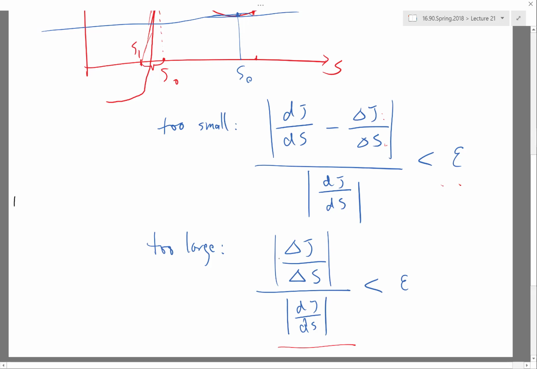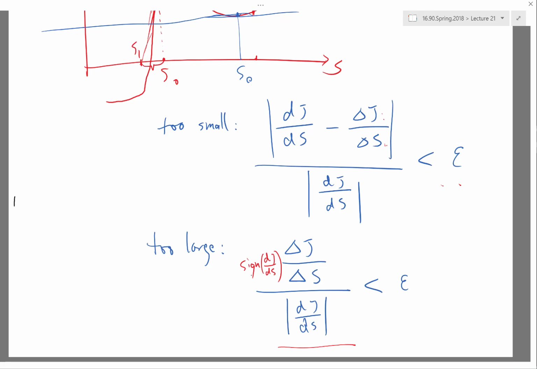Actually, it's a little bit different. Let me see. Oh no, this is false. So I have to take the sign of dJ/ds multiplied with this to be less than epsilon, because in case delta J over delta s has a different sign from dJ/ds, which means when I take the sign over here, the whole thing is negative. That obviously means I have overshot, right?